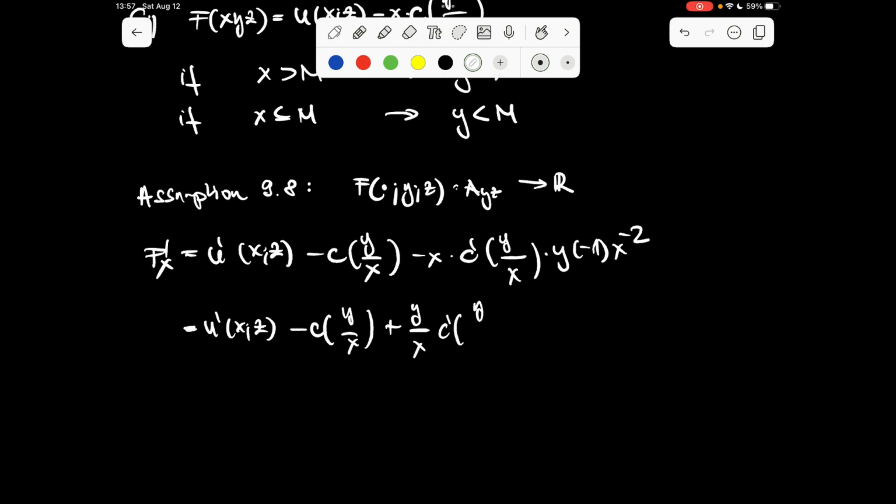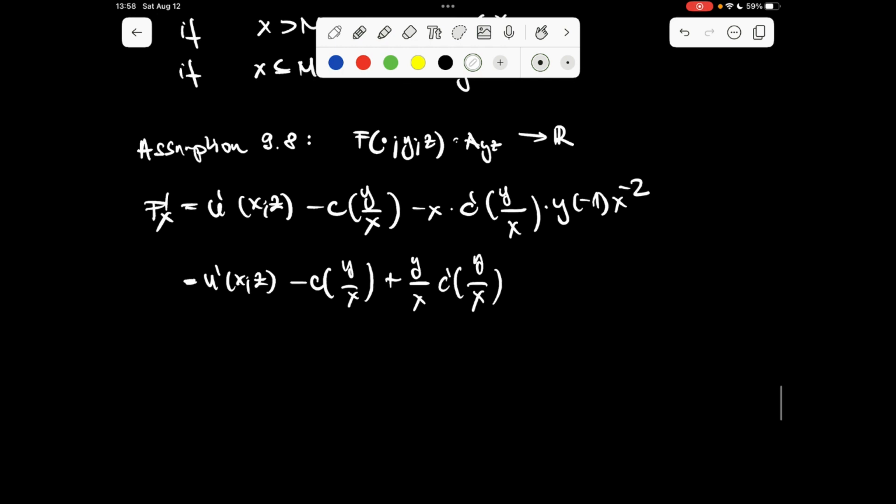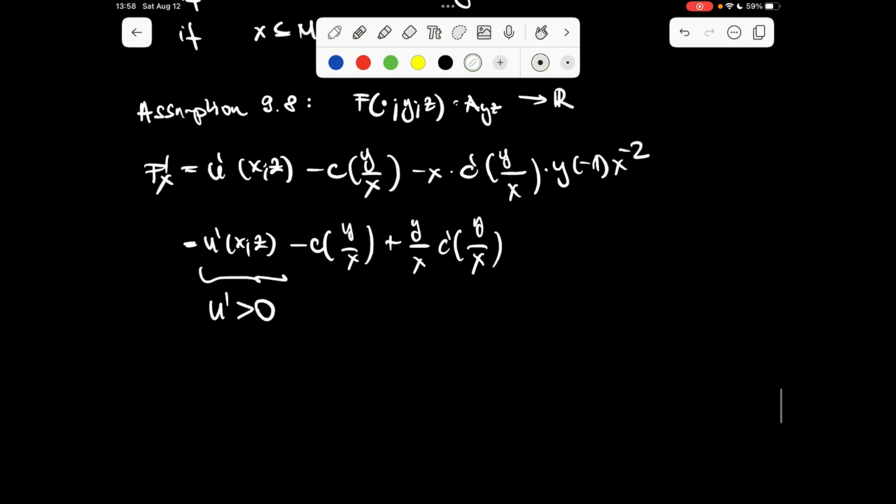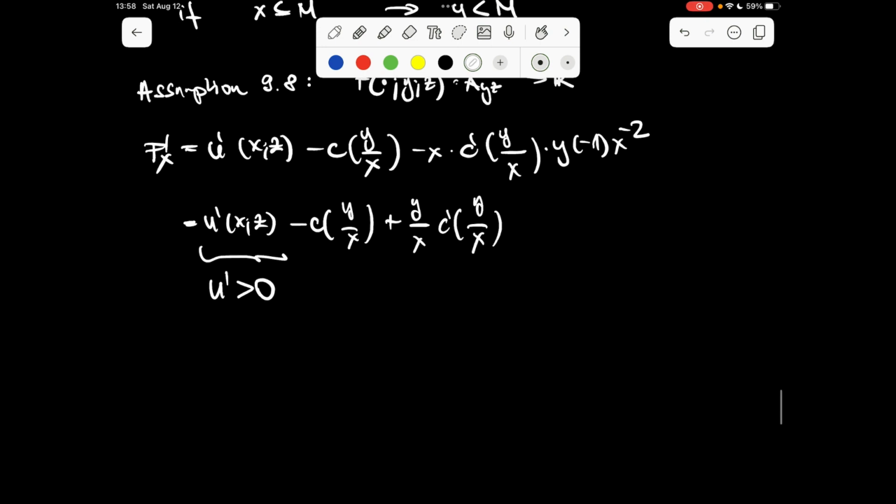it's complicated. What we need is the sign of this function. Luckily, we know that this part of the function is positive, and we also know that cost function c is strictly increasing and convex, sorry.